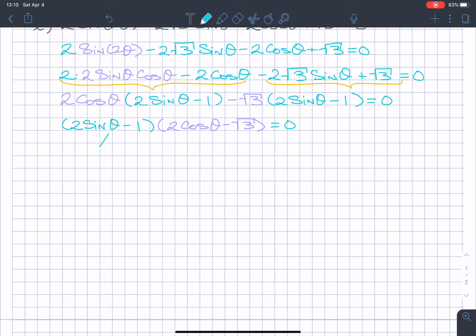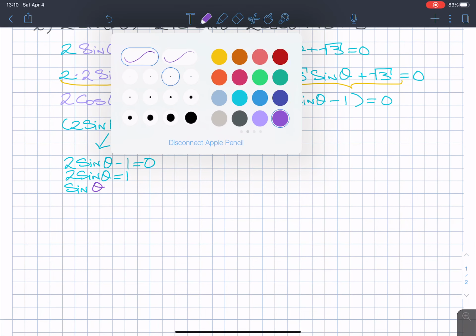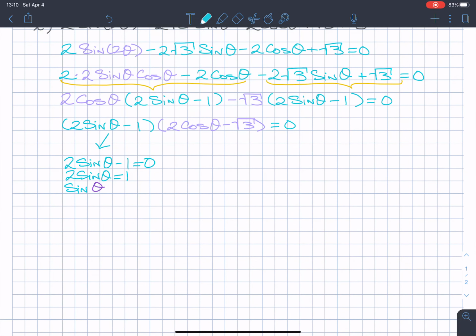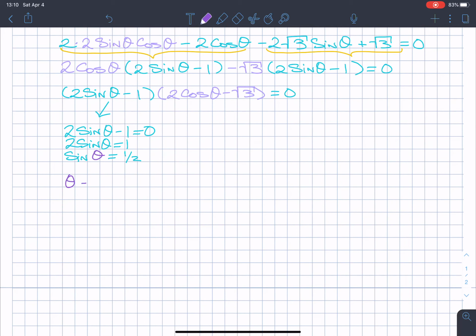So if the first factor is 0, namely 2 sine theta minus 1 equal to 0, that is equivalent to 2 sine theta equal to 1, which is equivalent to sine theta equal to 1/2. So sine theta being equal to 1/2. Okay, at what angles theta between 0 and 2 pi is sine 1/2?